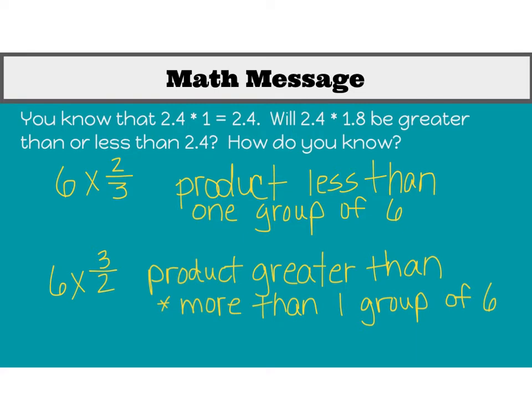If we look at the second problem here, this time we're multiplying a whole number times a factor that is greater than 1. So our product is greater than, and the reason is because we have more than one group of 6 for this particular problem.